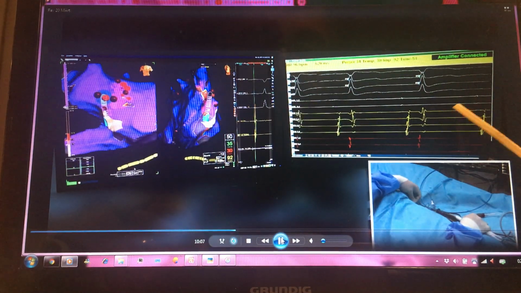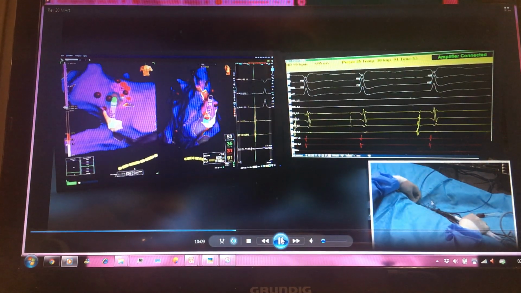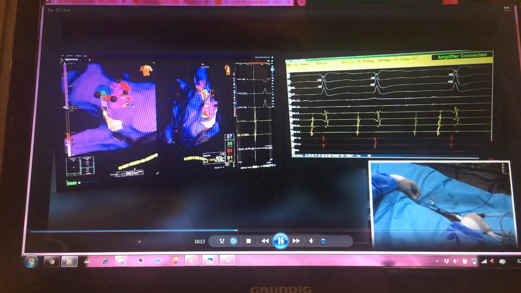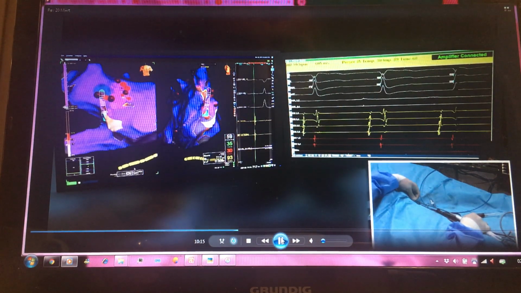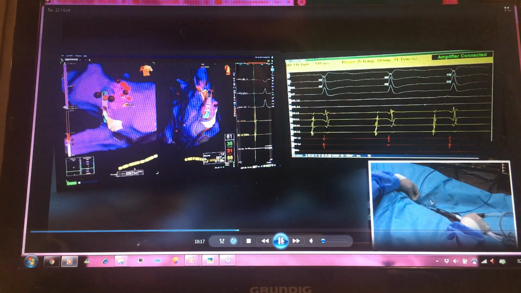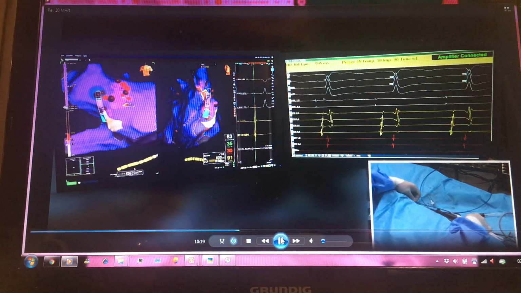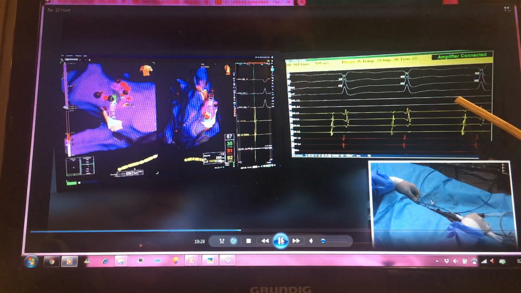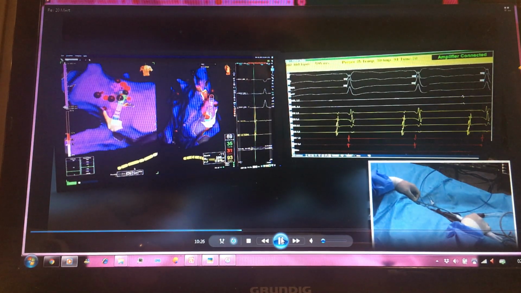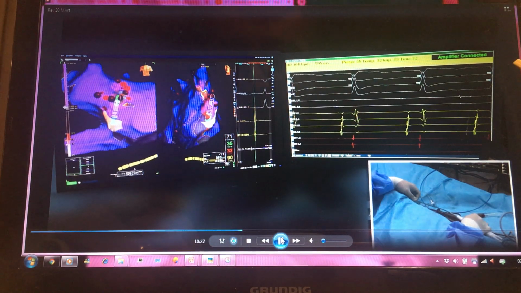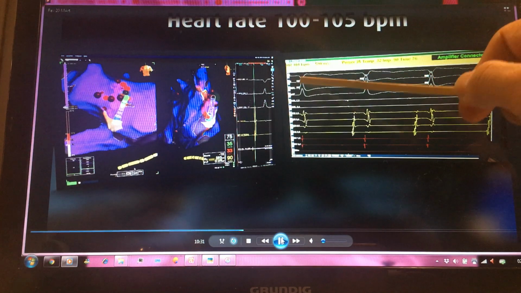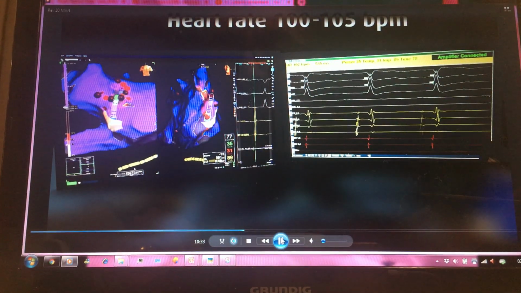We completely eliminated electrograms. Please look at that. Heart rate nearly 100 BPM now.